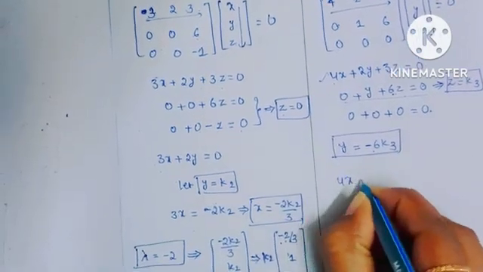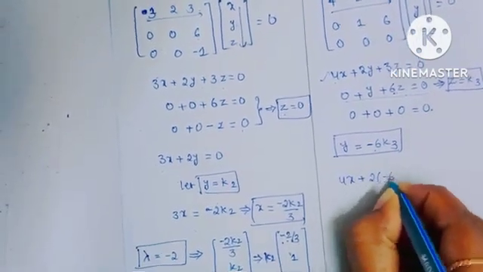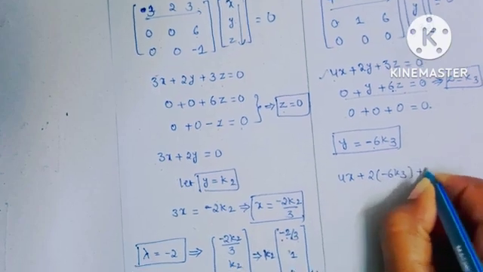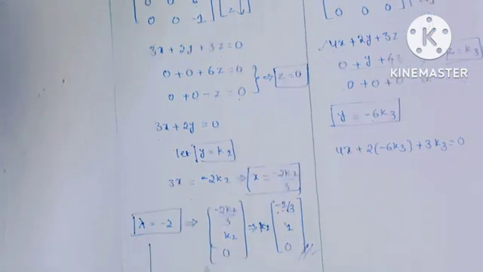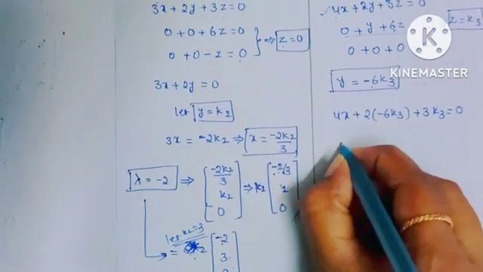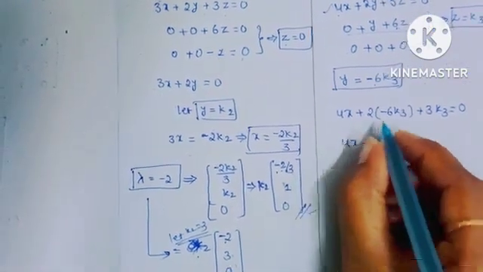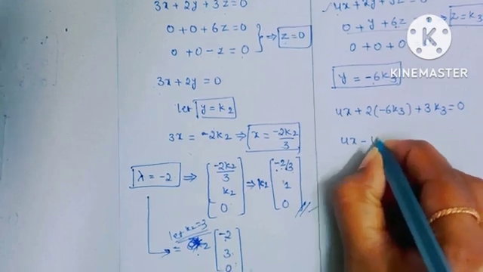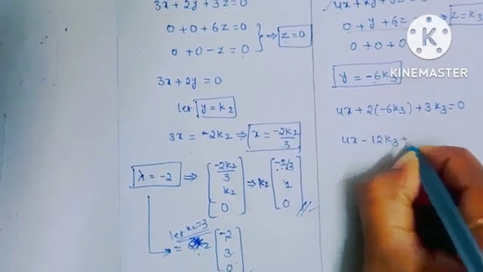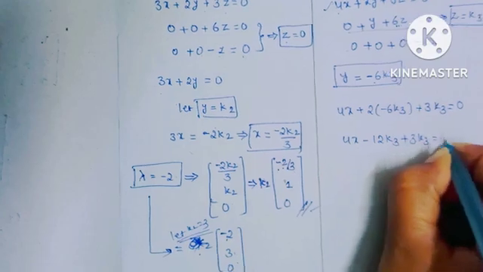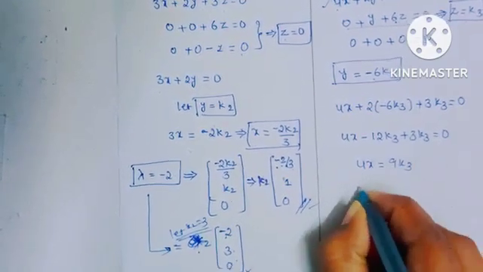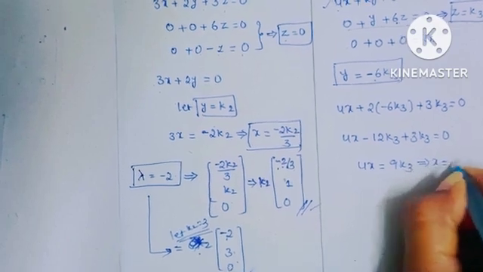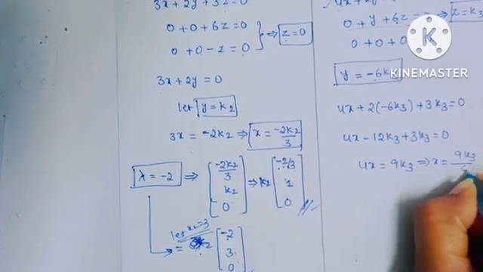So 4x plus 2 into y, which is minus 12k3, plus 3 into z, which is 3k3, is equal to 0. Now 4x minus 12k3 plus 3k3 equals 0, so 4x equals 9k3. From here x equals 9k3 by 4.